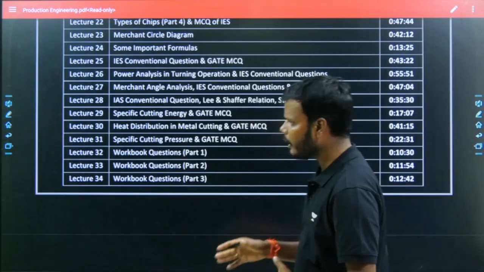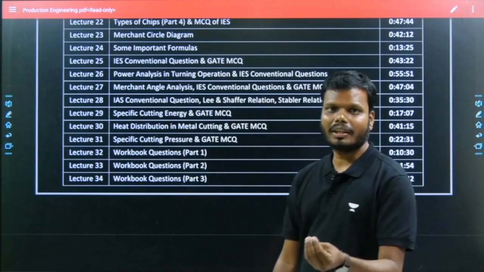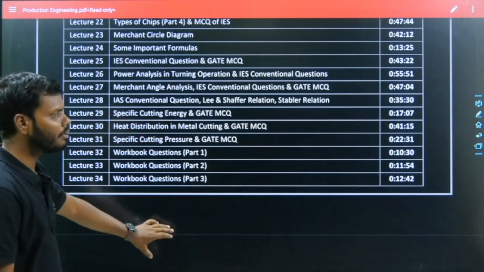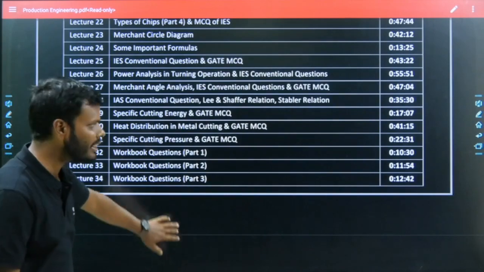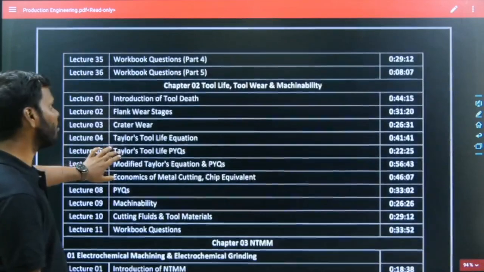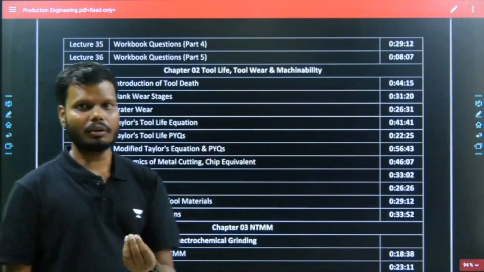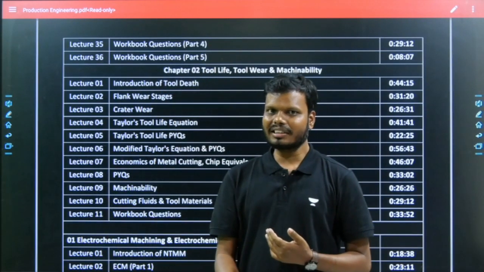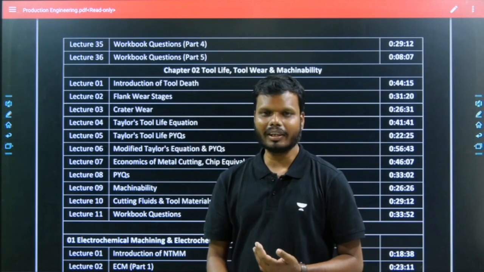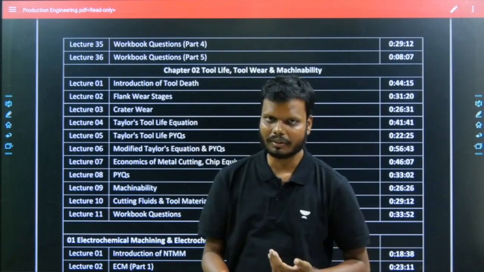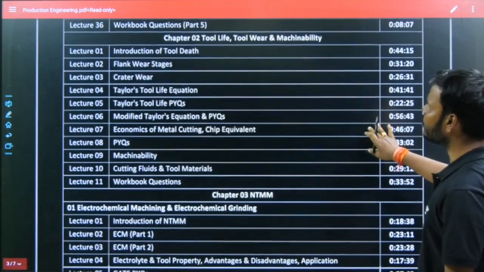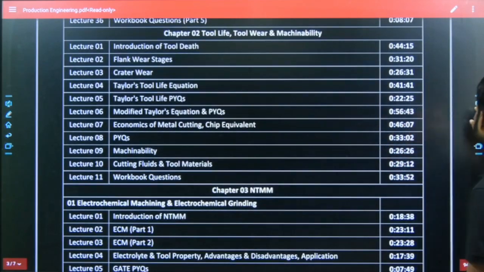So in pen drive, G drive, VOD users, this table of contents will be very helpful for analysis for the GATE examination: how to analyze your concepts and how to solve all the problems related to different types of topics. Clear that point?